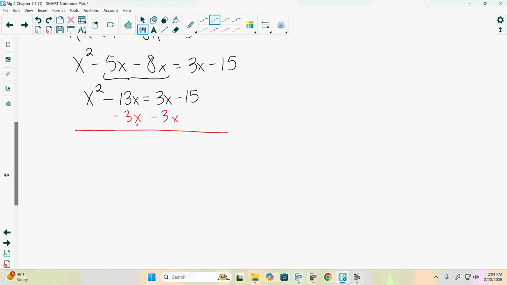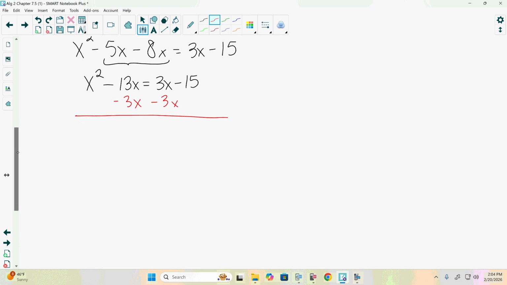Now, the direction we move everything over to doesn't matter. But the big thing I focus on at this point is making sure whatever the variable with the biggest exponent stays positive. And whichever one has the least number of moves.